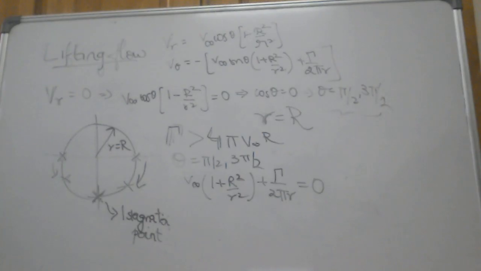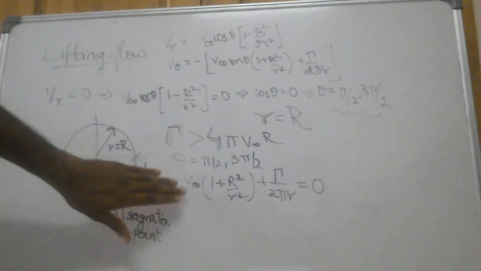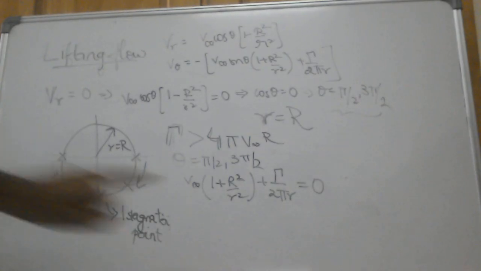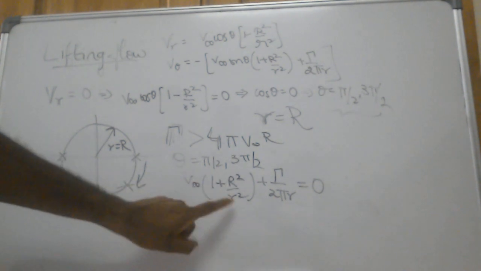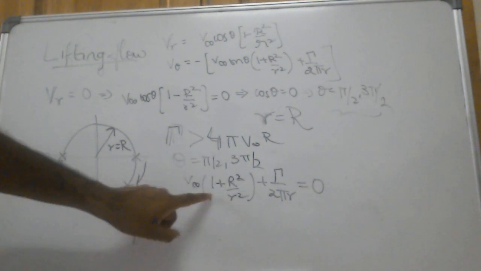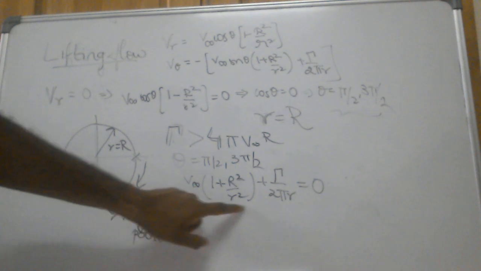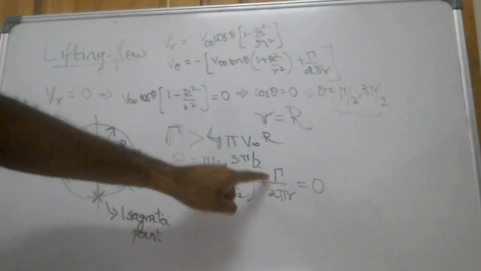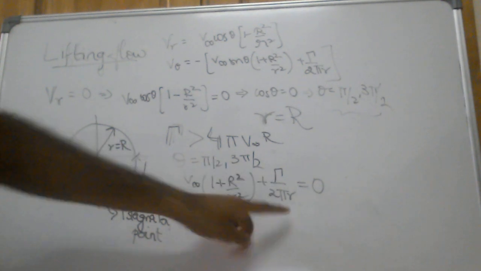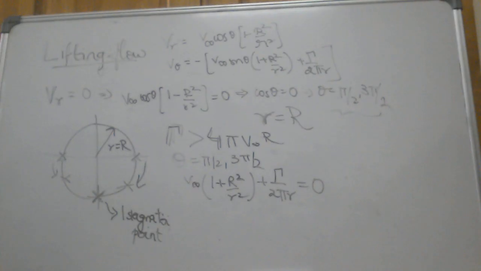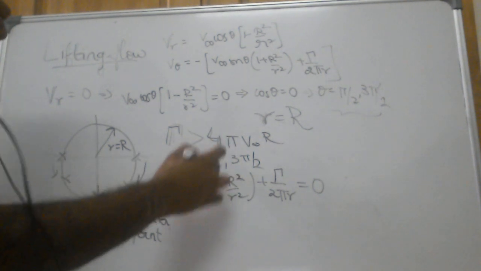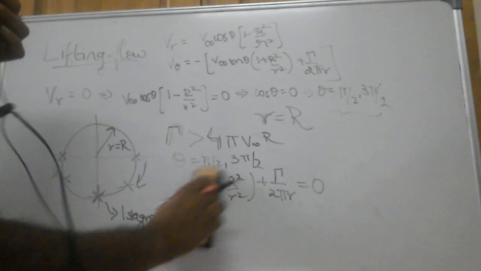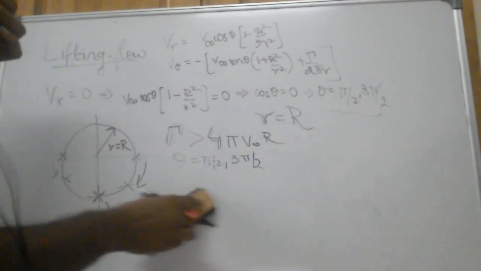Clearly, this expression on the left hand side can never be 0, because capital R squared by small r squared is added to 1. So this is always going to be a positive quantity. V infinity is taken to be positive. Here again, gamma is positive and r is positive. So if you're adding two positive quantities, it can never give you a result equal to 0. So we rule out theta equals pi by 2 as being a solution that we are looking for.